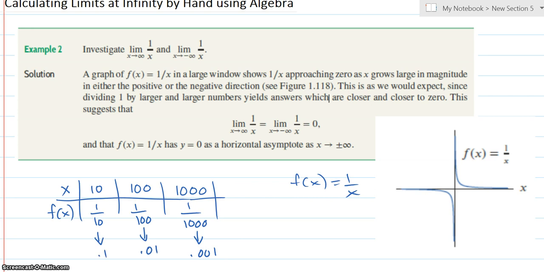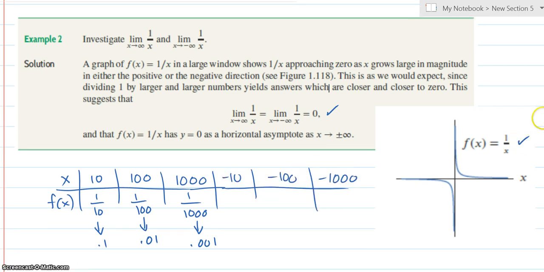So the larger and larger x gets, the smaller and smaller f of x gets, which suggests that the limit is 0. We can do it for negative as well. Same function. This would be negative 1/10. It would not change anything. Even though these values are negative, they're going to 0. So we have it.